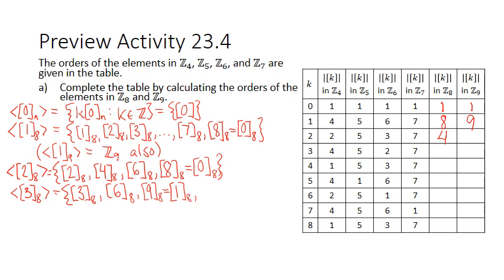And then 3 times 4, that's 12, and that goes back down to 4. And then 3 times 5 is 15, but that goes back down to 7. And then 3 times 6 is 18, and that goes all the way down to, let's see, we have to subtract 8 twice. And that takes us back down to 2.